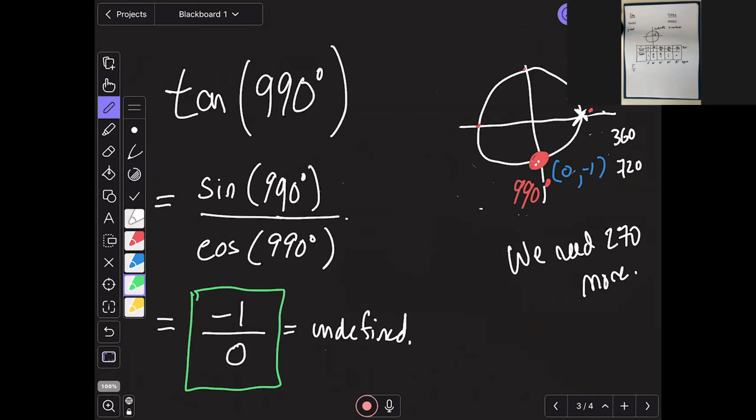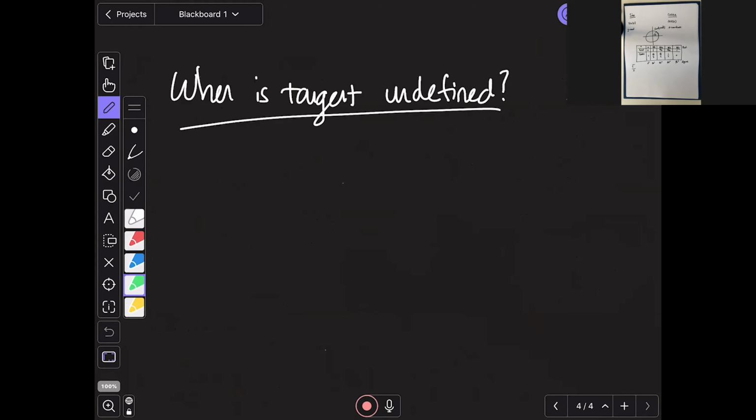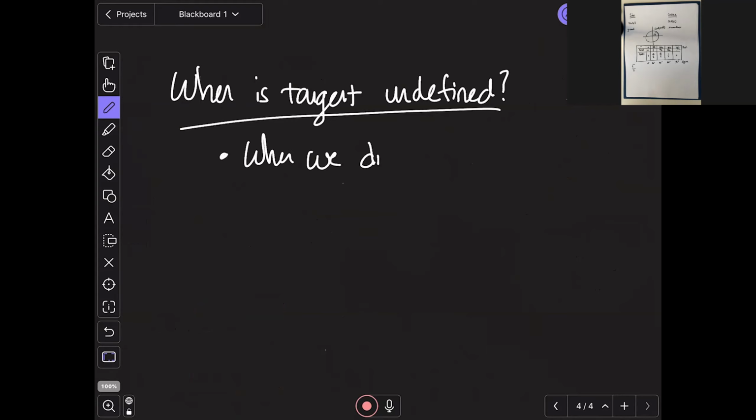Yeah, so Jordan, it gets divided by 0. So anytime I'm going to divide by 0, I'm going to be undefined. This is our one observation: when we divide by 0. So when does that happen?